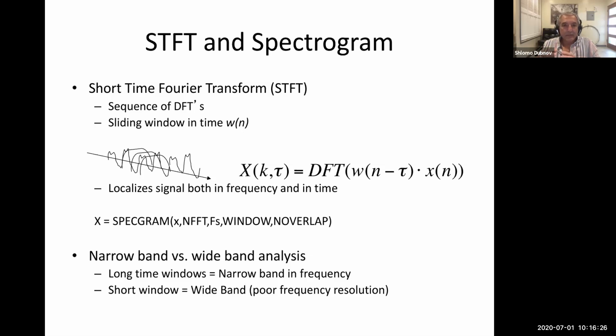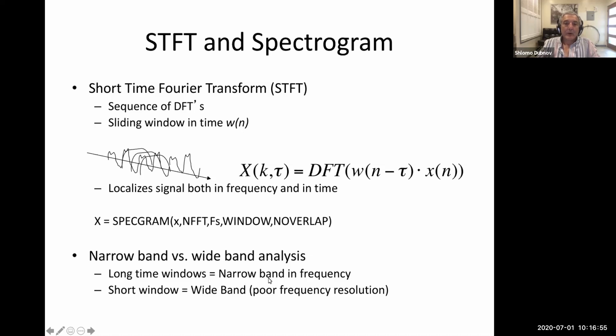Then the short-time Fourier transform takes a much longer sound vector, extracts a portion of it by multiplying this with a window, and then applies a DFT operation to each one of these extracted and segmented portions of your original sound waveform. Then you represent this as a two-dimensional matrix, where one dimension is the frequency and the other one is the time where you did the analysis.